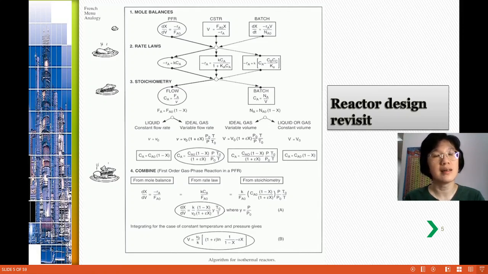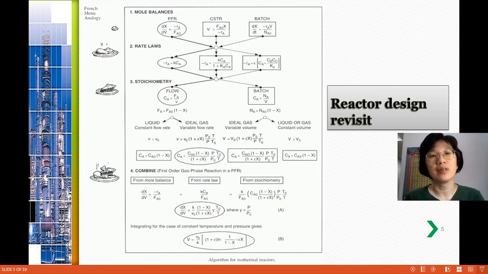So this is the typical algorithm for you to design a reactor. Just to revisit what you learned in CRE 1 last time. You always start with the mole balance, that is a mass balance equation. For different types of reactors, of course, the mass balance equations are different. So we have PFR, plug flow reactor, CSTR, continuous stirred tank reactor, and also batch reactor.